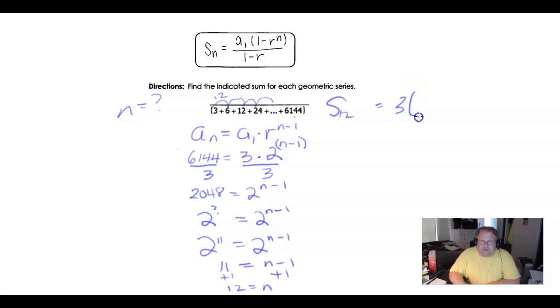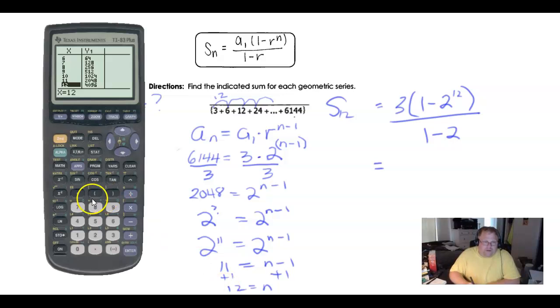So 3 times (1 minus 2 to the 12th power), all divided by 1 minus 2, which just makes that negative. So I just have to put in 3, parentheses, 1 minus 2 caret 12, divided by, basically that's negative 1.